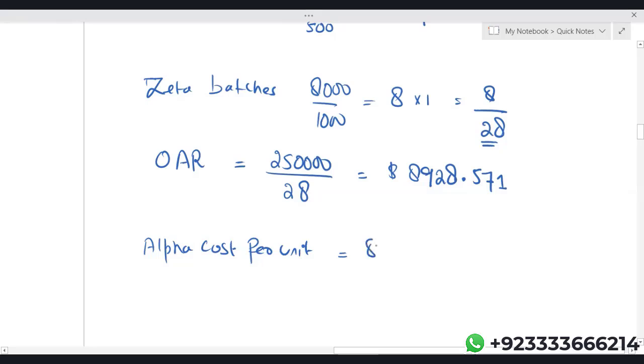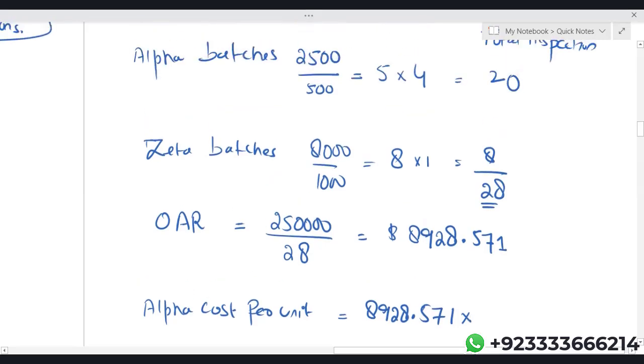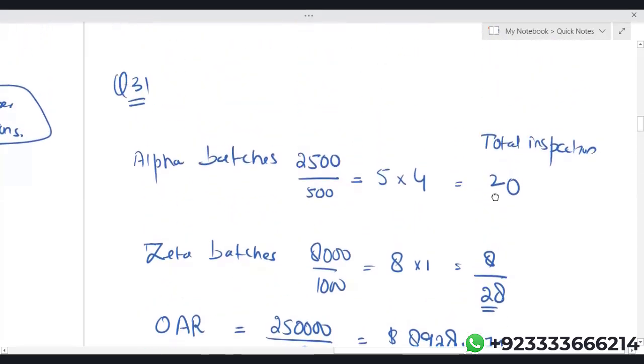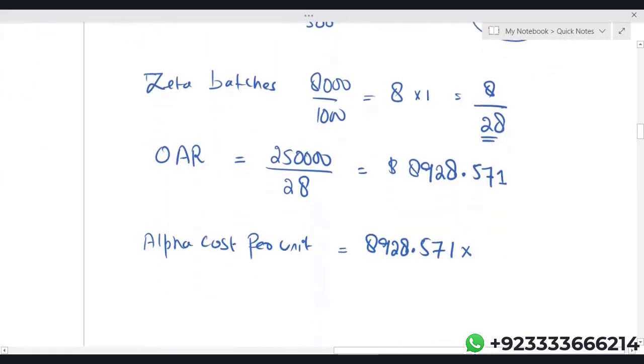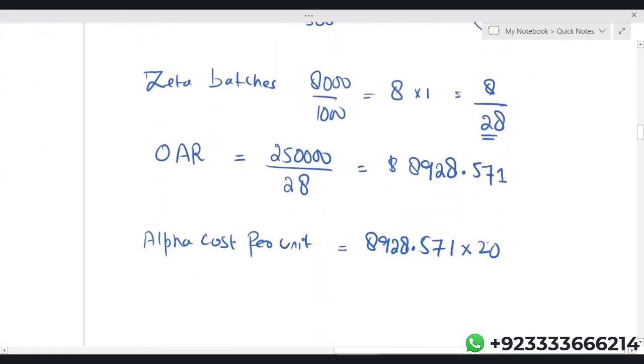Per inspection, the overhead cost is 8,928.571. This is per inspection cost. How many inspections do we carry out? Total inspections we carry out in Alpha are 20. So multiply by 20. Now listen carefully, students.